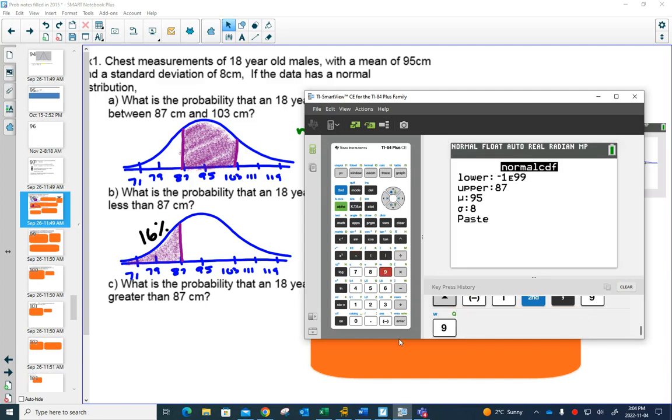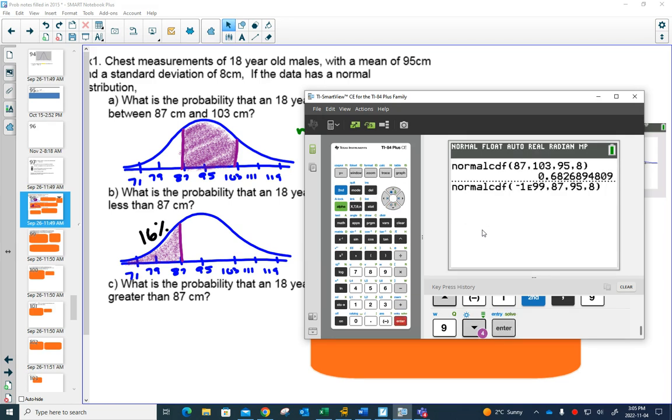If I do -1, E, 99, that would be -1 times 10 to the 99, which will be a huge negative number. If I figure this out, and I don't know if you noticed that the first time you came to this, you might have had that in there as the start, and I push paste, I get 15.8% or 15.9%.